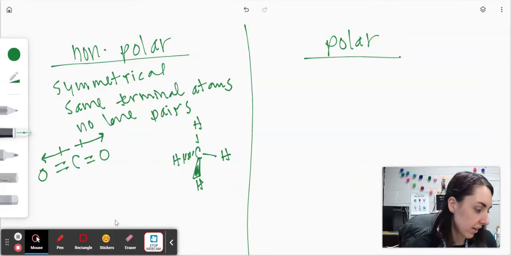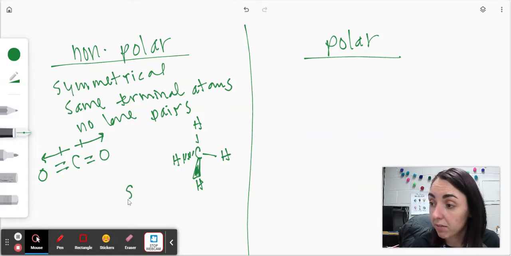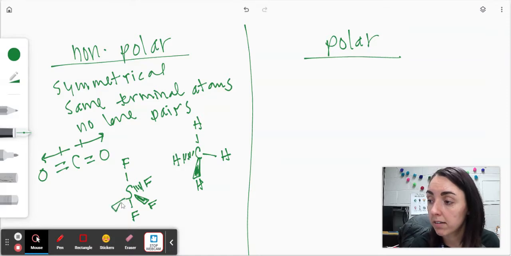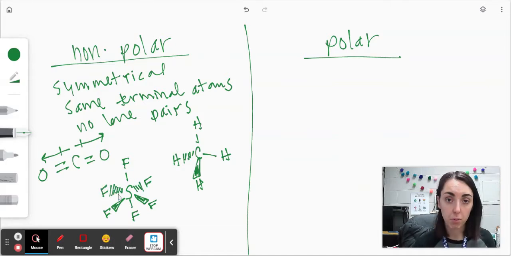Or even a bigger molecule like an octahedral one, so if we had SF6, sulfur hexafluoride, for example, it's a big shape, but as long as these are all fluorines on the ends, your terminal atoms are the same, then that is a symmetrical or non-polar molecule.